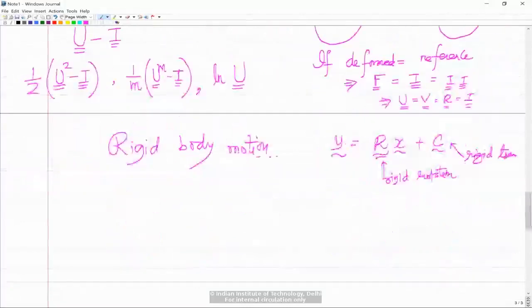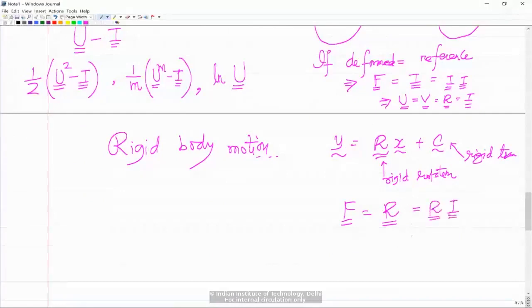And from here, when you work out the deformation gradient, big F, that turns out to be R. Which means you can write it as big R into identity, or identity into big R, which simply means that u is equal to identity, and v is equal to identity. So you can see that for rigid body motion, indeed u and v are identities.